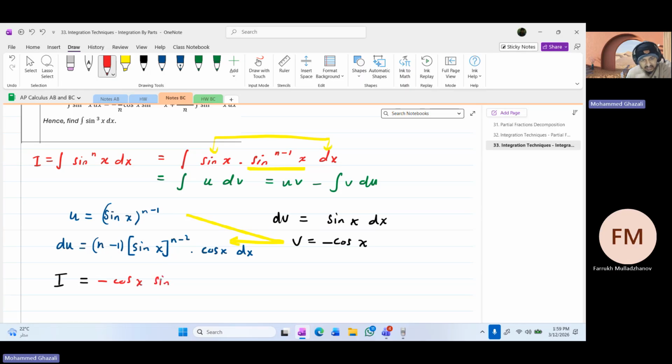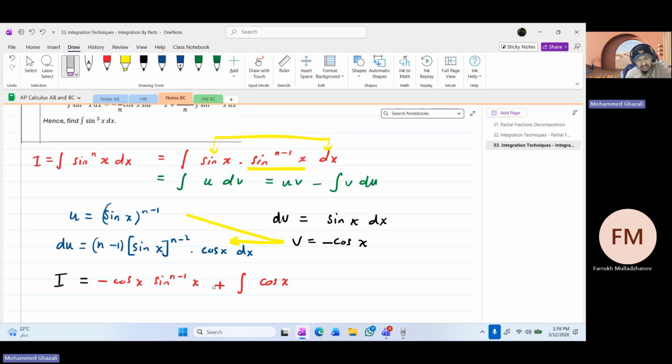I'm going to write it as n minus 1 as a power like this. Negative cos x sine^(n-1) x, minus v du. That's uv minus v du, and minus minus makes a plus. V is cos x.